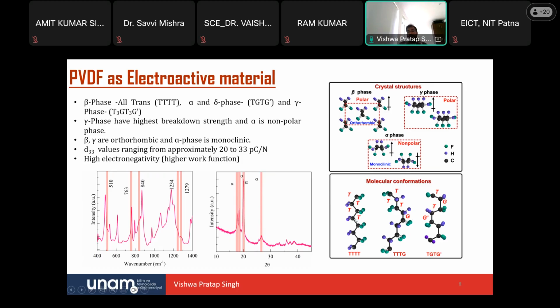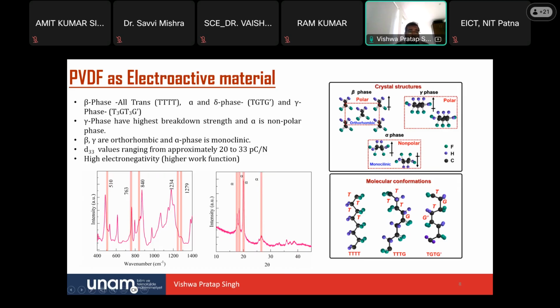As you go along the carbon chain, you will find that fluorine is always in one direction and hydrogen is in the other direction on the adjacent carbon, due to which it makes a particular dipole like this. This dipole is really good in this sense.